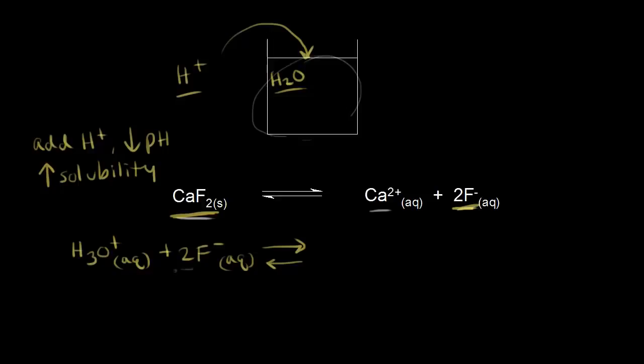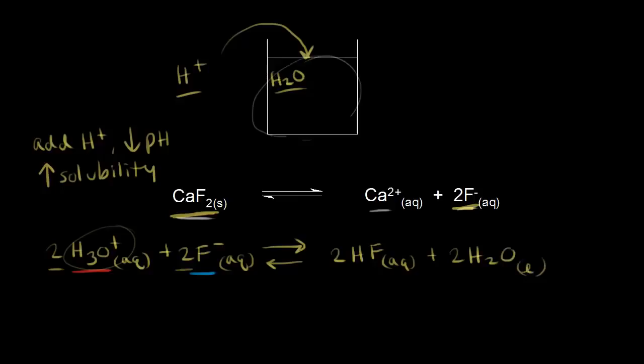If we have 2 fluoride anions, we would need 2 hydronium ions. So hydronium acts as an acid, it donates a proton, and the fluoride anion acts as a base, it accepts a proton. So we make HF. We would make 2HF here. And if H3O+ donates a proton, we would also have 2 waters, so we would make 2H2O here as well.